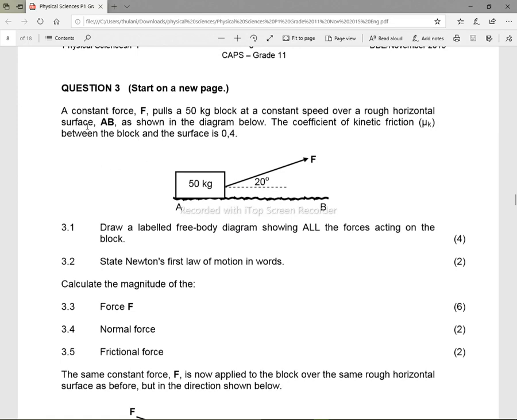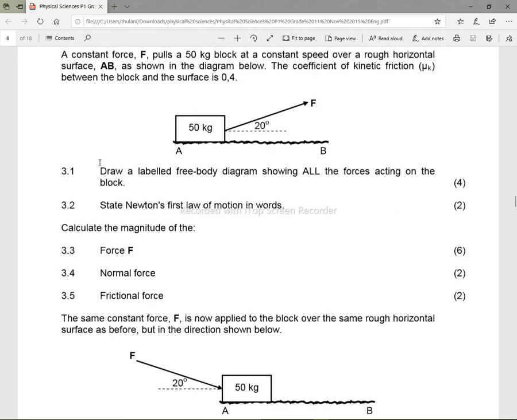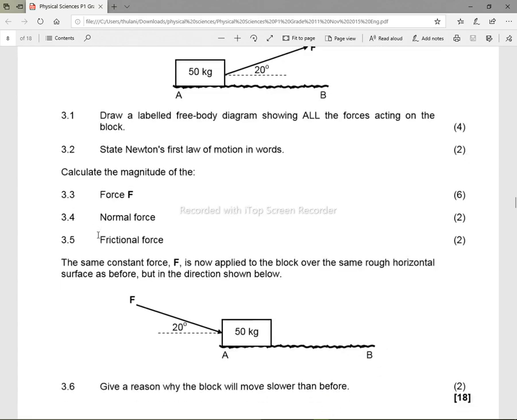A constant force F pulls a 50 kg block at a constant speed over a rough horizontal surface AB, shown in the diagram below. The coefficient of friction between the block and the surface is 0.4, and we are not given the friction or the acceleration. I wonder what's going on here.